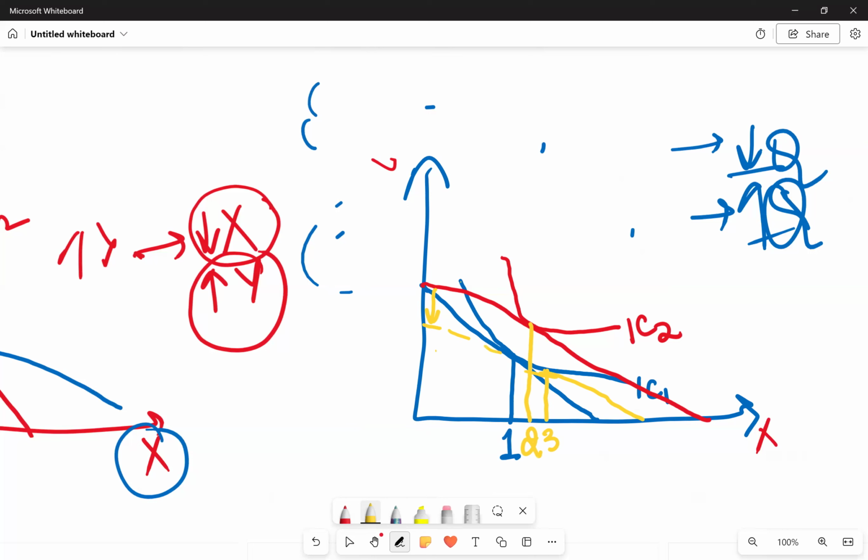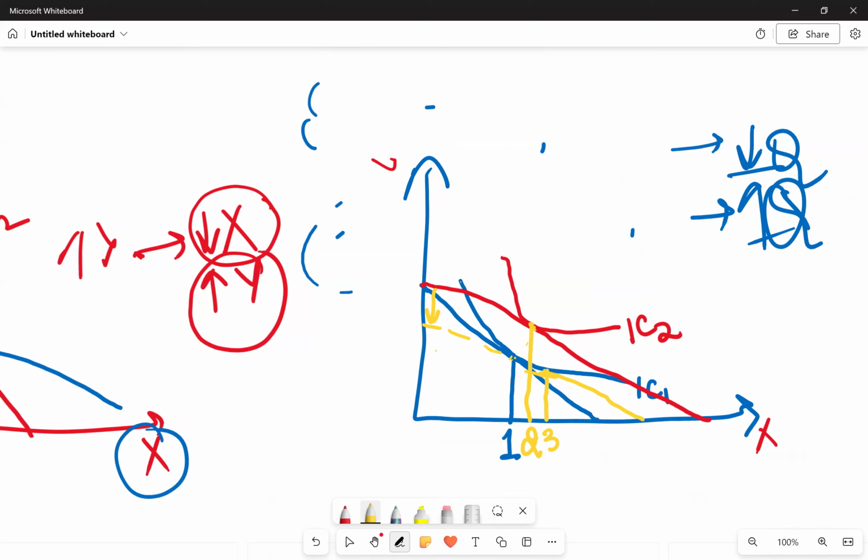Okay, so now if you see, the movement from 1 to 2 is due to the price change, right? The relative price change. The relative prices have changed, isn't it? Price of X became cheaper and it changed. Yes, ma'am. Right?